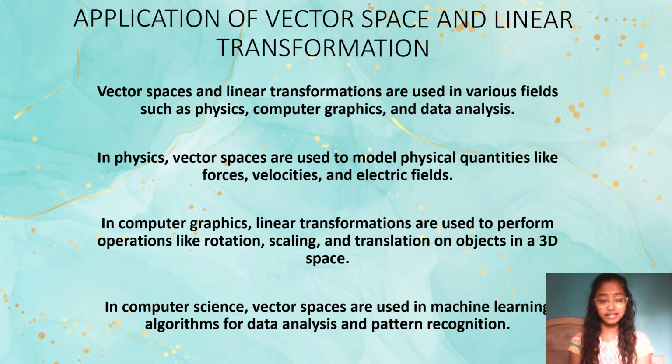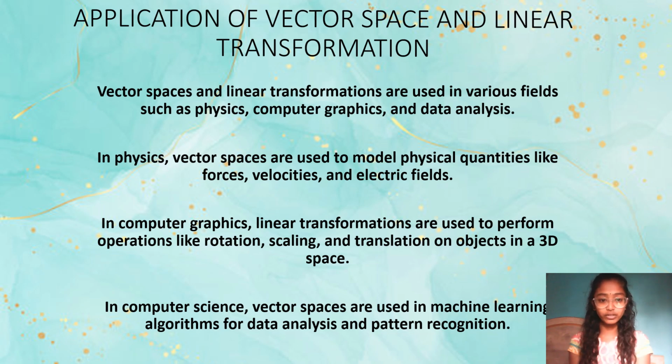And let us discuss the applications of vector space and linear transformation. Vector space and linear transformation are used in various fields such as physics, computer graphics, and data analysis. In physics, vector spaces are used to model physical quantities like force, velocity, and electric fields.